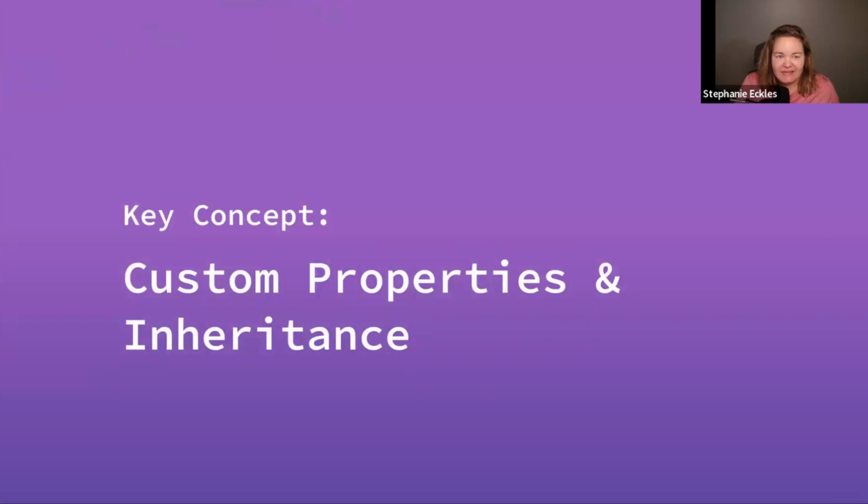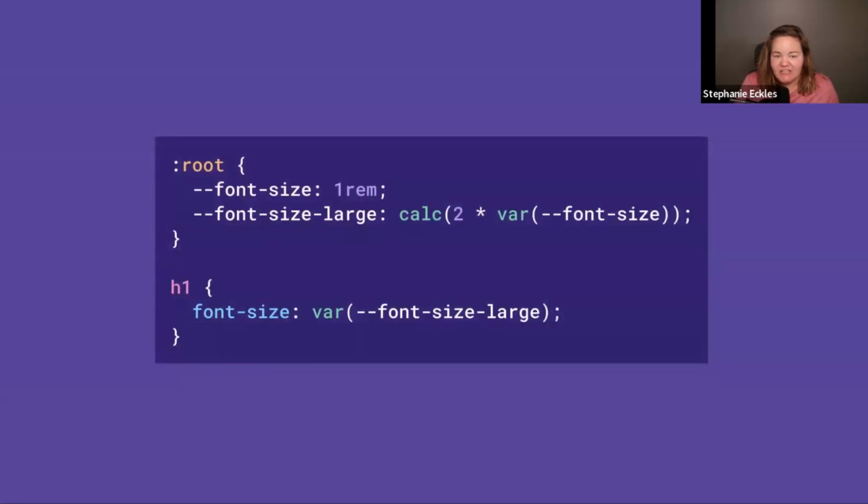Cool. So our next key concept also is around custom properties, but specifically inheritance. So calculation of a custom property value is performed as soon as it is found. Then the computed value is available for inheritance. A common convention is batching custom properties into the root selector.